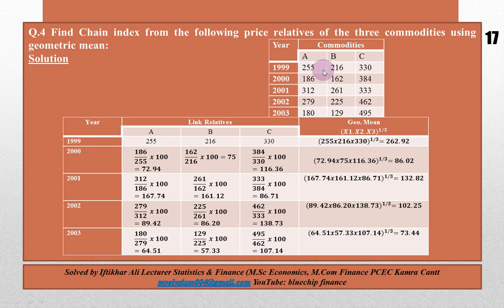First link relatives are taken as the values because Pn minus 1 means the previous value, and we don't have a previous value in case of 1999. So simply these three values themselves are taken as link relatives, and after that from 2000, Pn is 186, Pn minus 1 is 255, multiplied by 100.